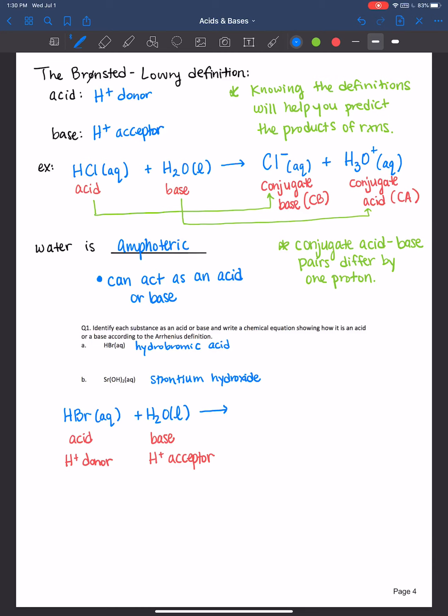And if hydrobromic acid's a proton donor, then I'm going to lose that proton, and I'm only left with bromine. But what formal charge does the bromine have? I lost a positive charge. I end up with a negative. Fantastic. If you ever wanted to derive that for the halides, if you're like, how am I supposed to remember that?